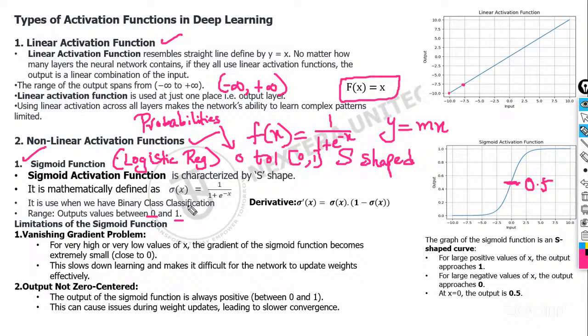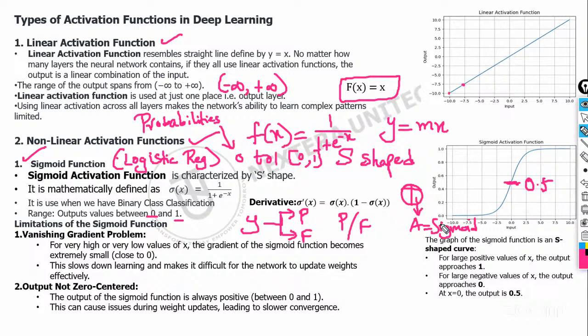What is binary class classification? That means in your Y column, you have only two classes, binary, two: pass, fail. In order to classify the pass class and fail class, I can use the sigmoid function in my output layer, where we have a neuron. In this neuron, use the activation function as sigmoid.